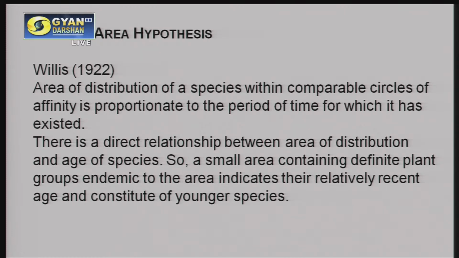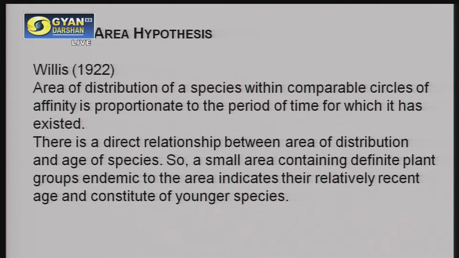That means a species which is newly evolved occupies a lesser area, and a species which has a very ancient origin, or which dates back to ancient time, will encompass a very large area. So you see, this particular hypothesis contradicts the epibiotic theory.